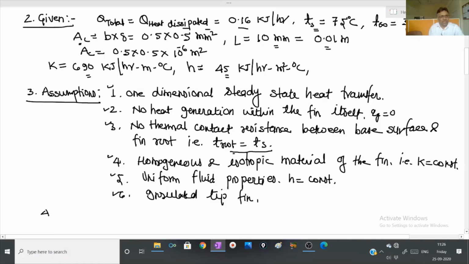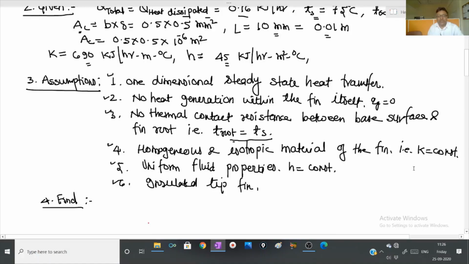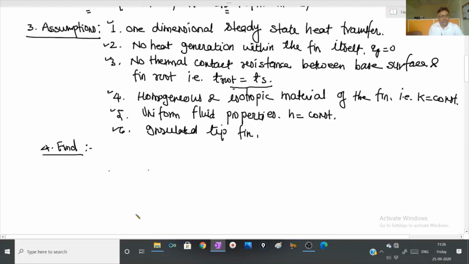Then let us list what is to be found out. From the problem statement, we are supposed to find the number of fins. So let us solve this problem.